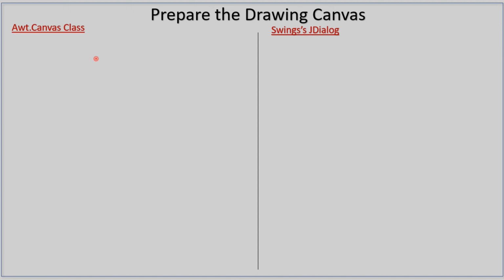We already have the JDialog, and in this JDialog we drag and drop the AWT canvas, and in that same dialog we placed three JButtons. Those JButtons are to pick the colors. Now code changes will go between these two classes: one is the canvas class and another one is the Swing JDialog.